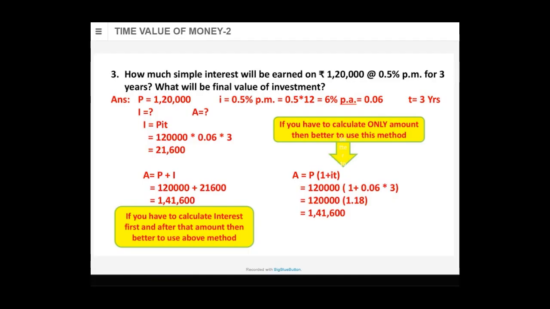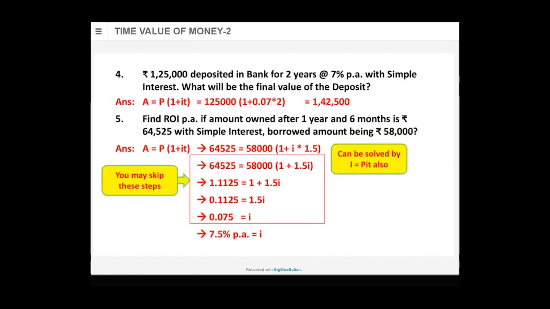This also, I told you, use less of the calculator, and two methods are there. If only A has to be calculated, use the right side method, otherwise the left side method. Here also I said avoid using pen, pencil.